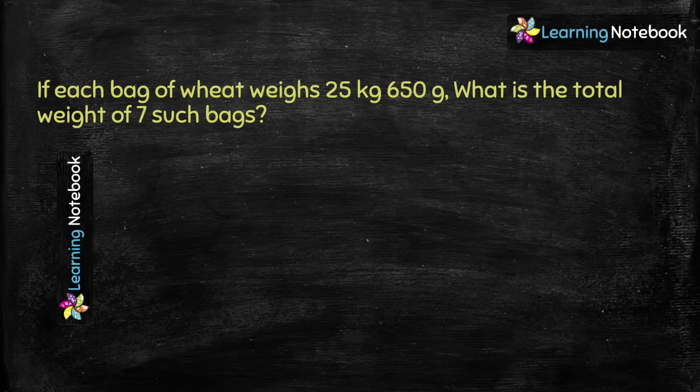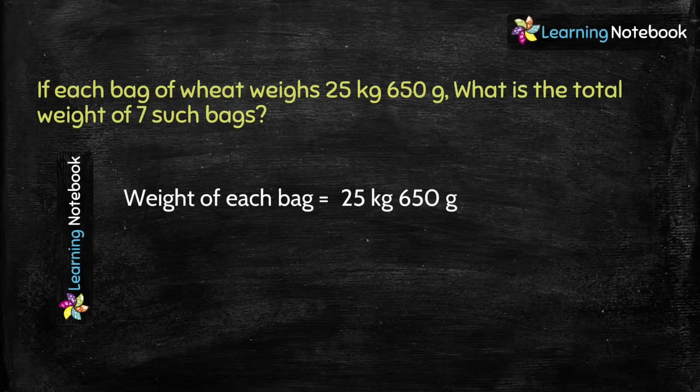If each bag of wheat weighs 25 kilogram 650 gram, then what is the total weight of 7 such bags? So here we are given with the weight of one wheat bag and we have to find weight of 7 such bags. So it means we have to do multiplication here.